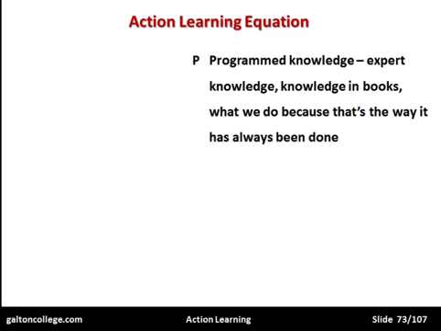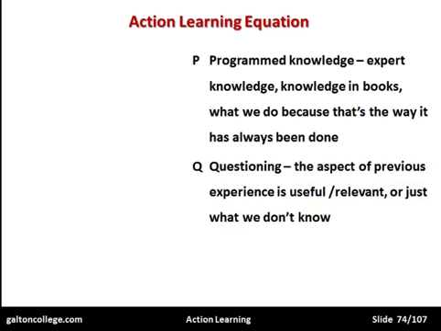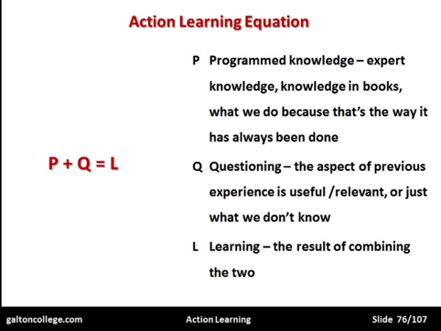This is our stock of knowledge. And we also learn from questioning, looking at previous experience and questioning what happened and was it the right decision and how did it work. And learning is the result of combining the two of these. So the programmed knowledge plus the questioning is what we get in terms of learning.